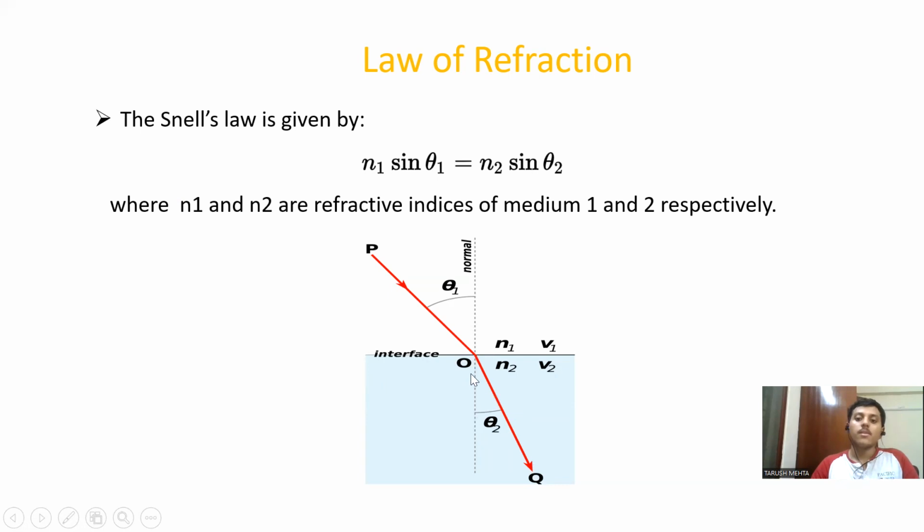Whenever the light is incident beyond that value of angle, the light will no longer get transmitted or refracted, but rather it will get reflected back within the same medium. This phenomenon is called total internal reflection. It occurs for incident angles beyond a certain angle, and that angle is called the critical angle.